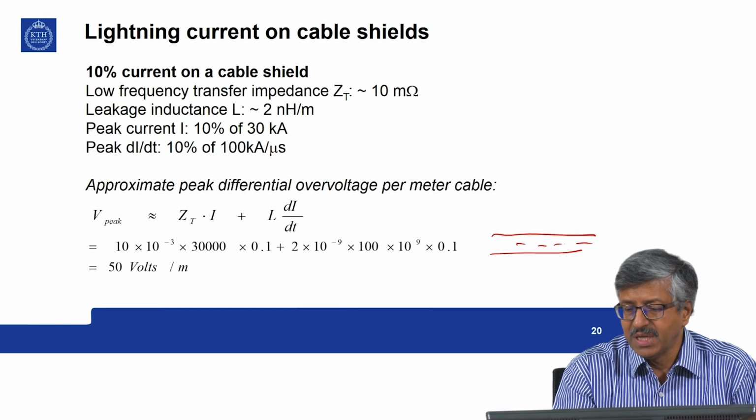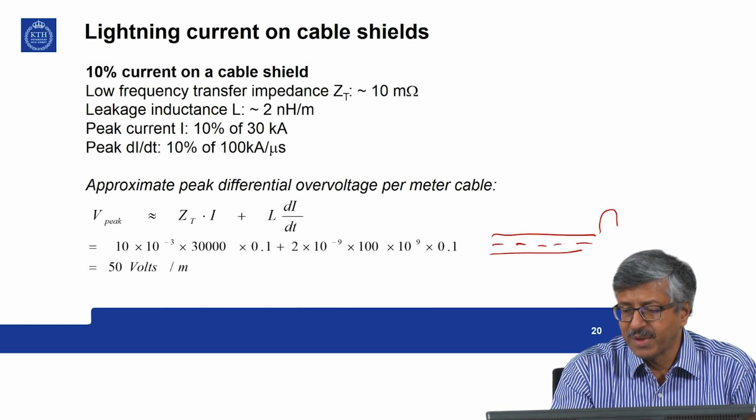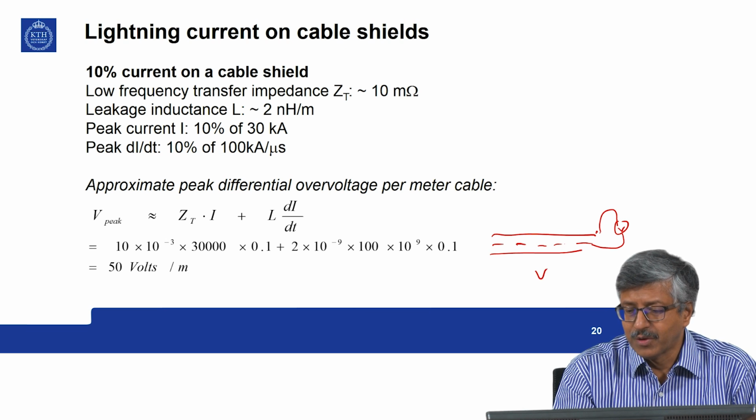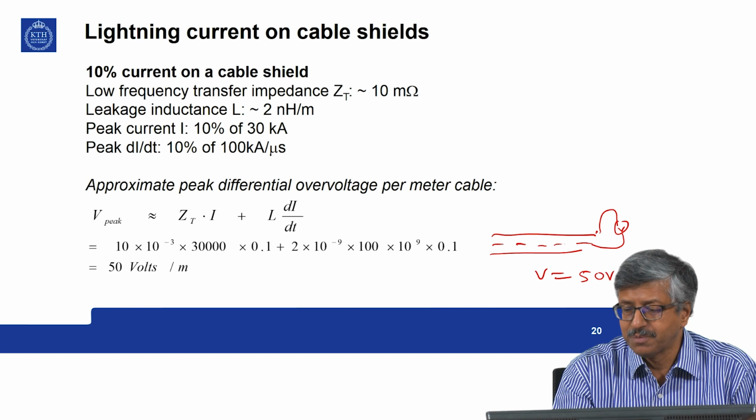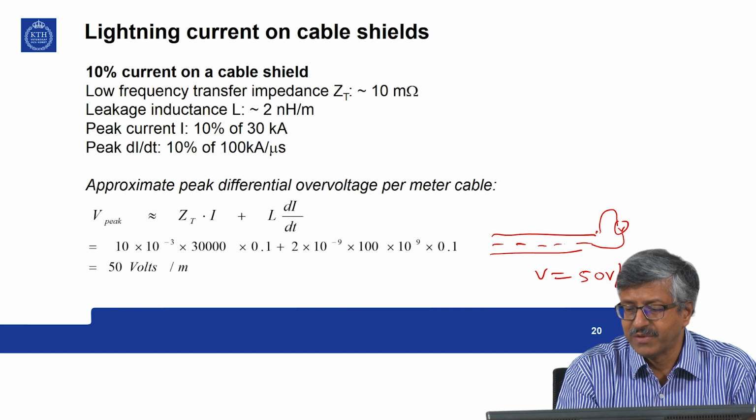So, if you measure the voltage here, this voltage is almost equal to 50 volts per meter of this line.